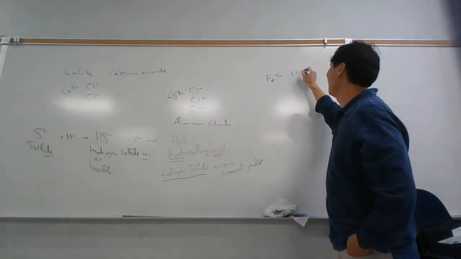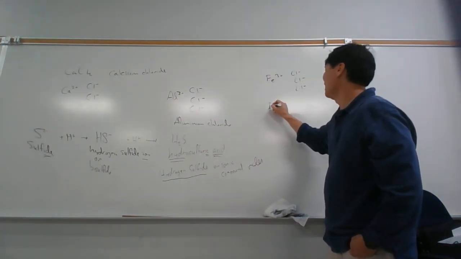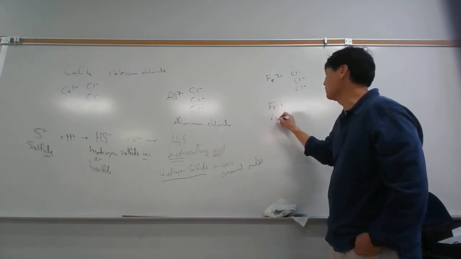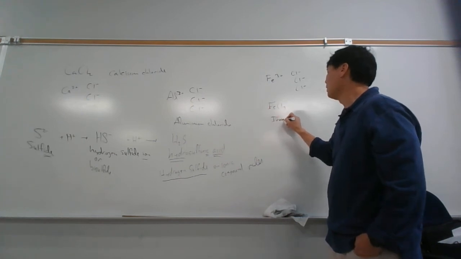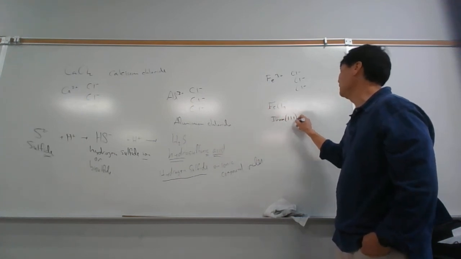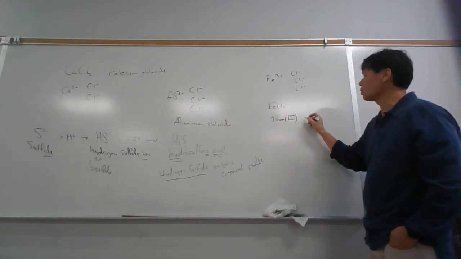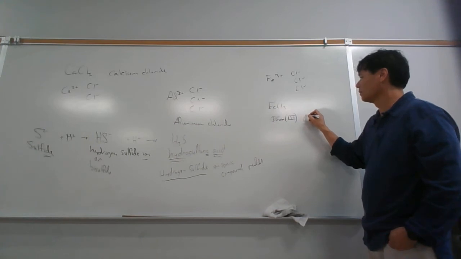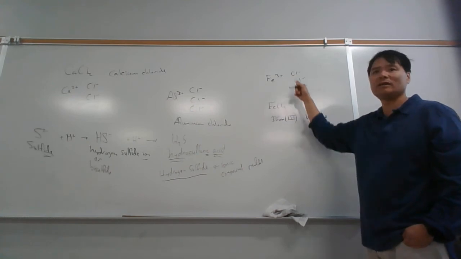So if we had FeCl3, the name for this would be iron Roman numeral 3, because we need to know that's iron 3, not iron 2. Iron 3 trichloride or iron 3 chloride? It would be iron 3 chloride, because once we know it's iron 3, we know we need 3 chlorides for that.